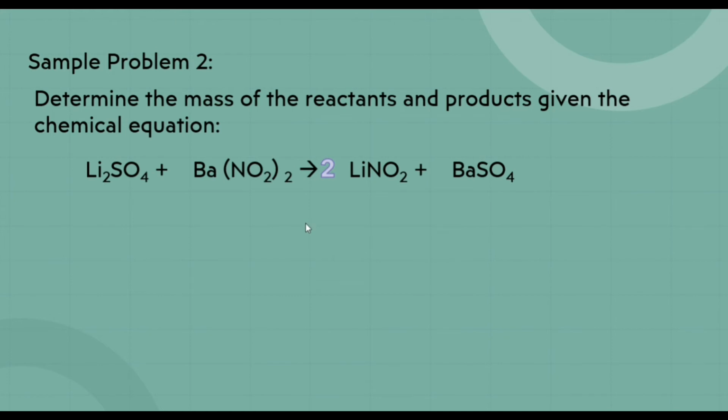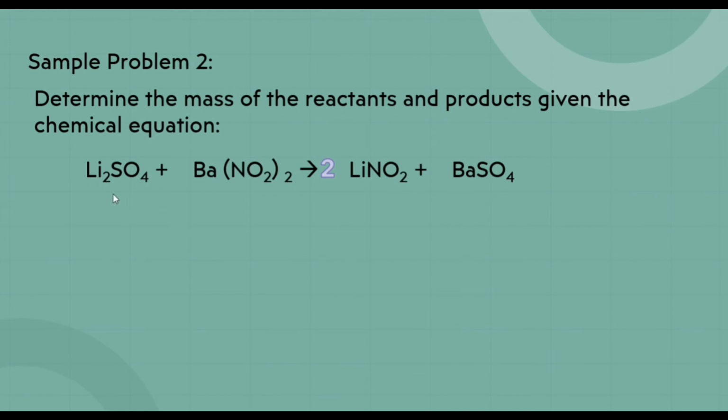So it means that we can now determine the mass of the reactants and products given this balanced chemical equation. So always remember that before you determine the mass of the reactant and products, the equation must be balanced. Okay?